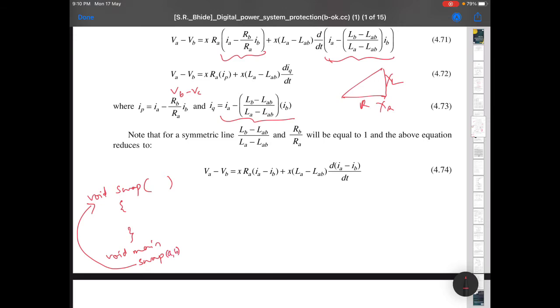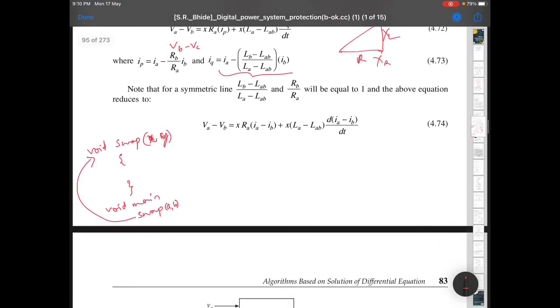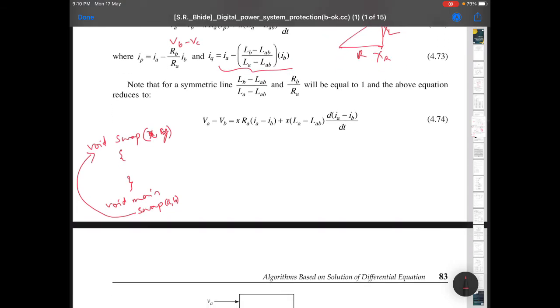Suppose a comma b, if you want to swap these two terms, or x and y. If you want to call swap 100 times, you simply call swap 100 times. You don't do the swapping 100 times within the main loop. You simply call swap 100 times, or maybe you put it in a loop and do it.